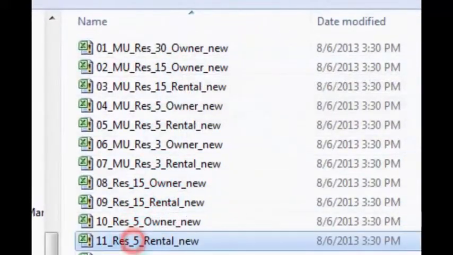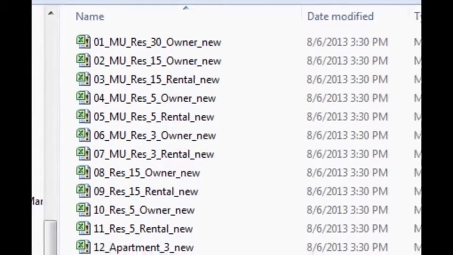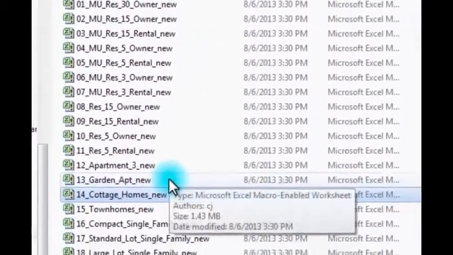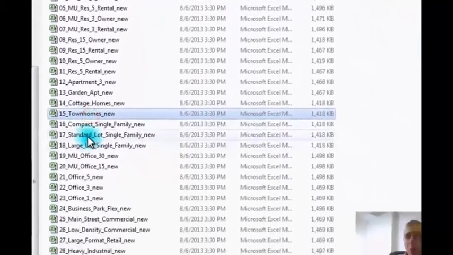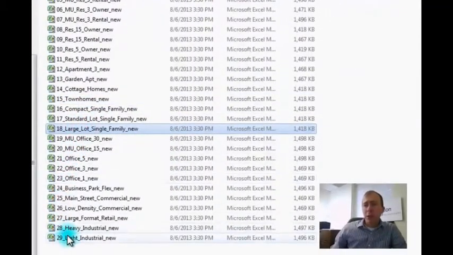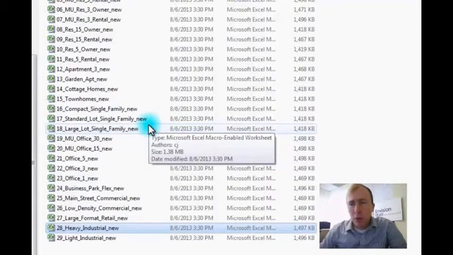For instance, this building right here would be a residential 5-story rental building. We also have building development prototypes for cottage homes, townhomes, large lot single family, all the way down to heavy industrial. We try to think of a building prototype that would represent any sort of building that you would build in your city or town.